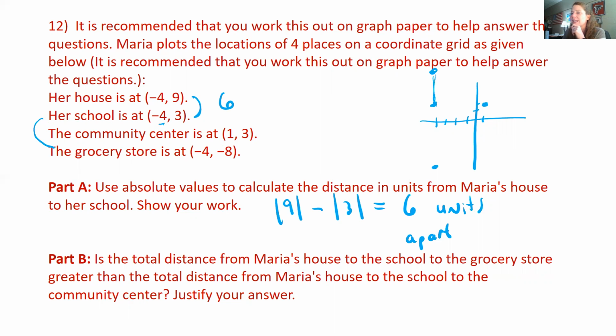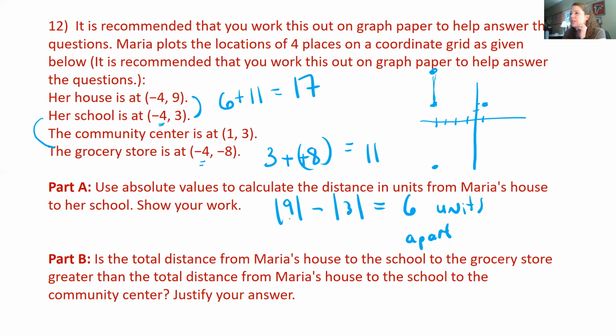Well, these are the same number. If I'm up here at positive 3 and I go down to negative 8, what is 3 minus a negative 8? They're 11 units apart. So the distance from her house to school and from school to the grocery store is 17 units.